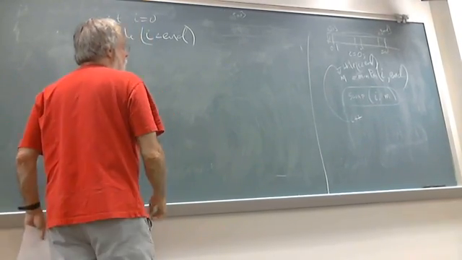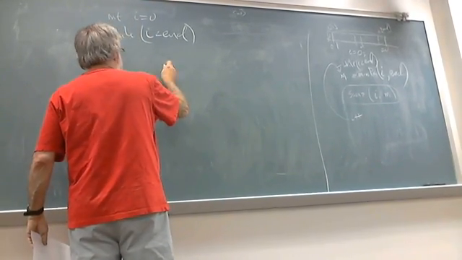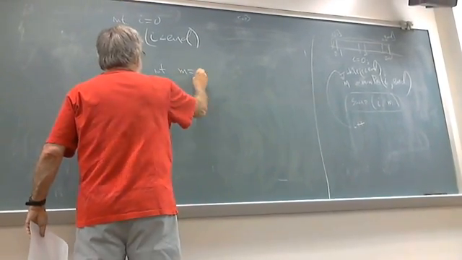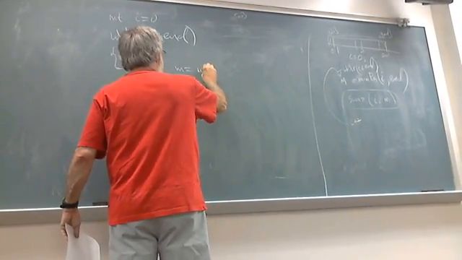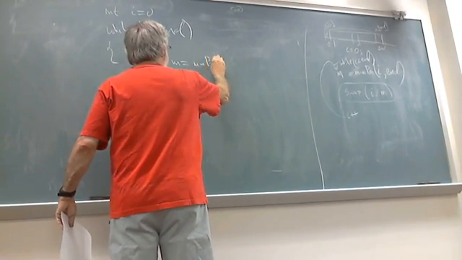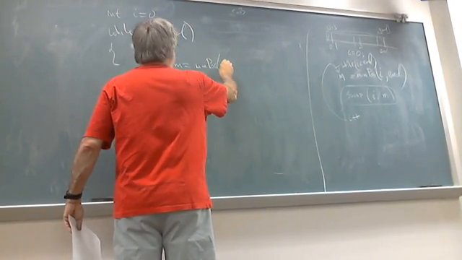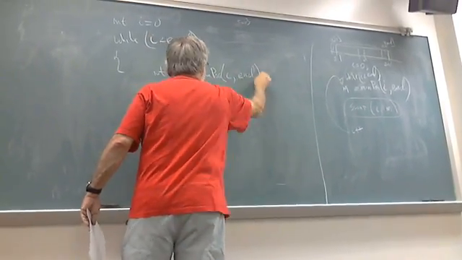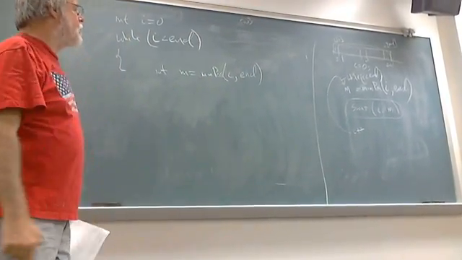The first thing we're going to do is find the index of the minimum. So int m equals min position from index i up to the end. And then we're going to do the swap.